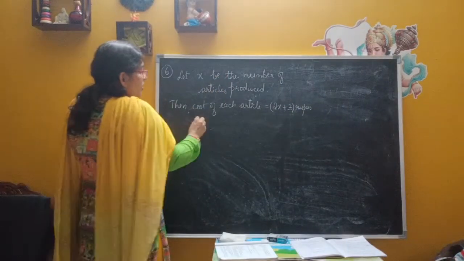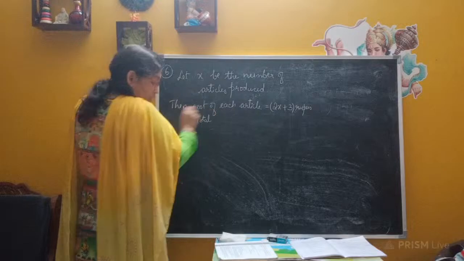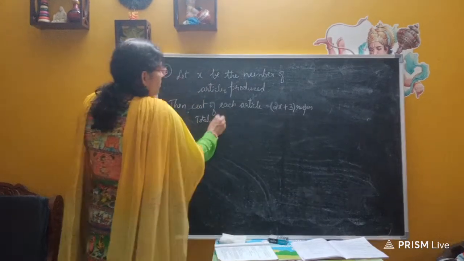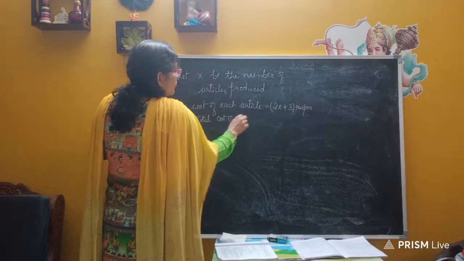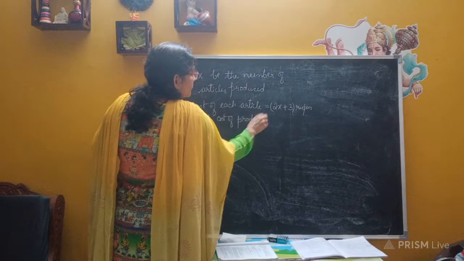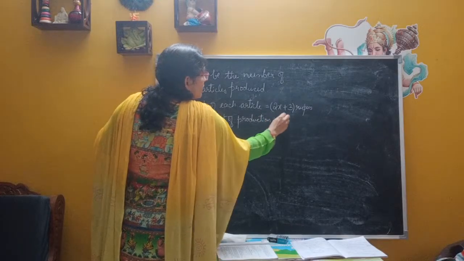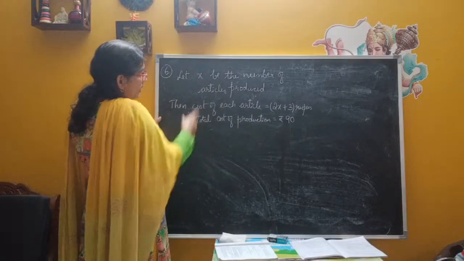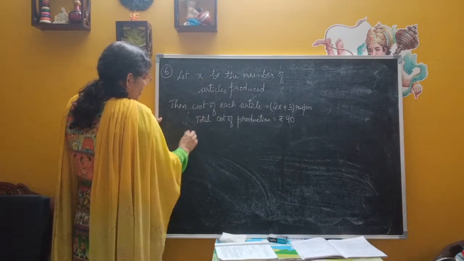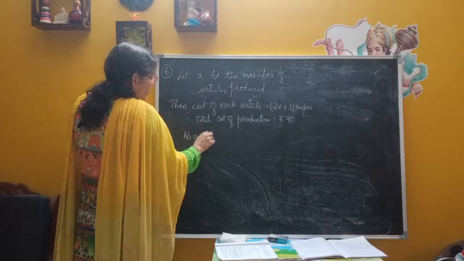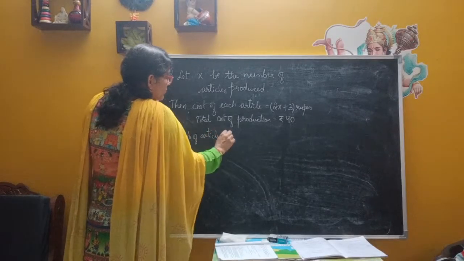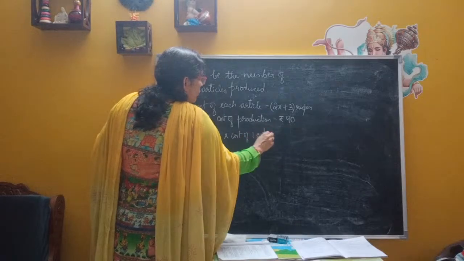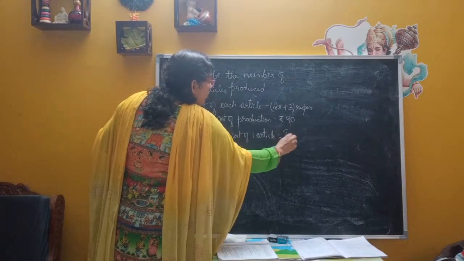Okay, total cost how much? It is the total expenditure on that day, or total cost of production, is rupees 90. So how do you write the equation now? Number of articles into cost of one article is equal to total cost of production.